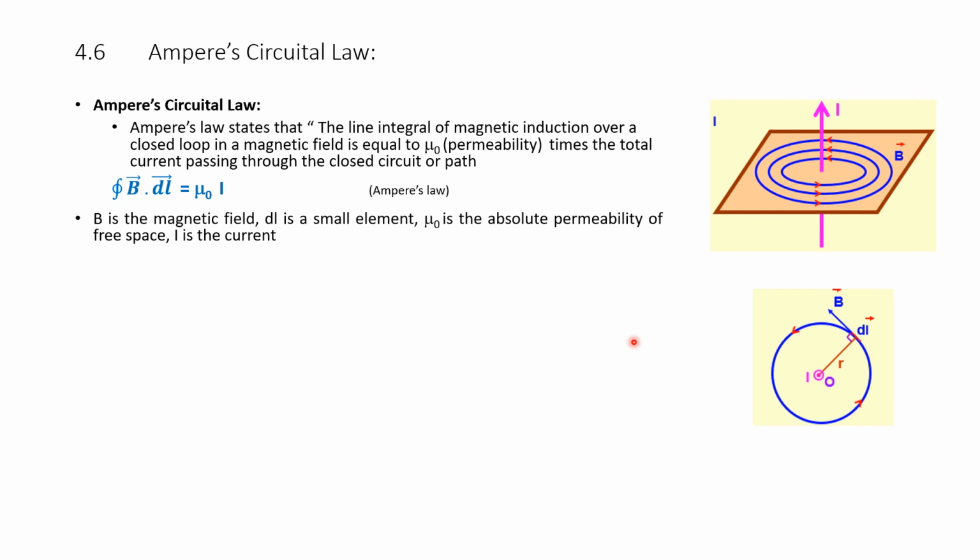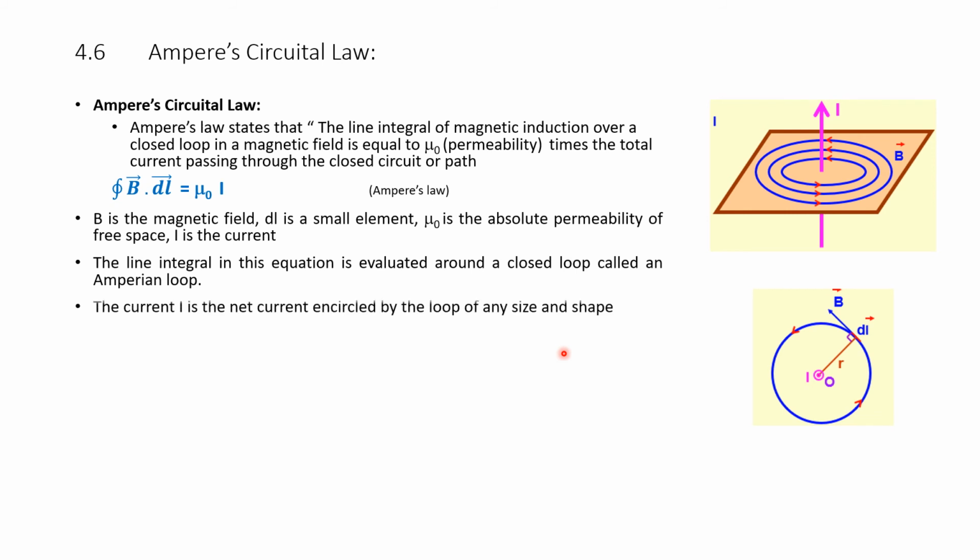I is the current. The line integral in this equation is evaluated around a closed loop called an Amperian loop. The current I is the net current encircled by the loop of any size and shape.